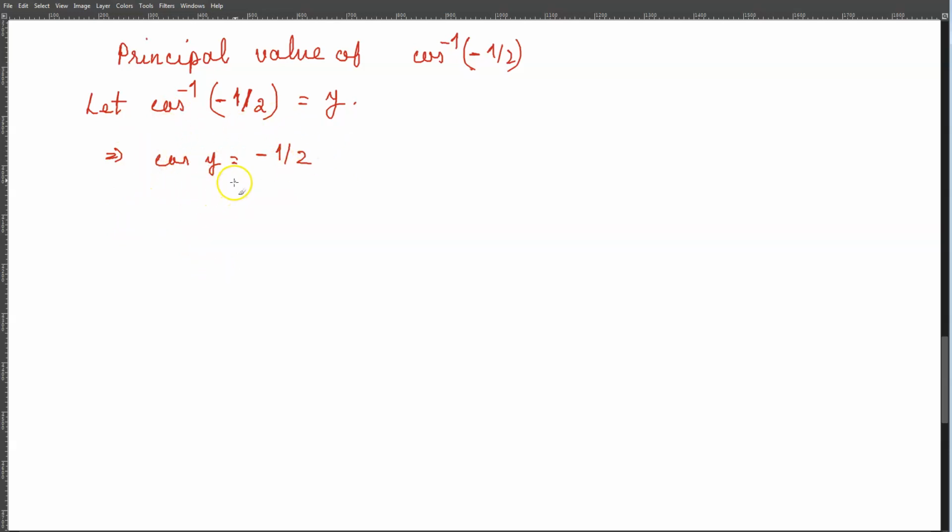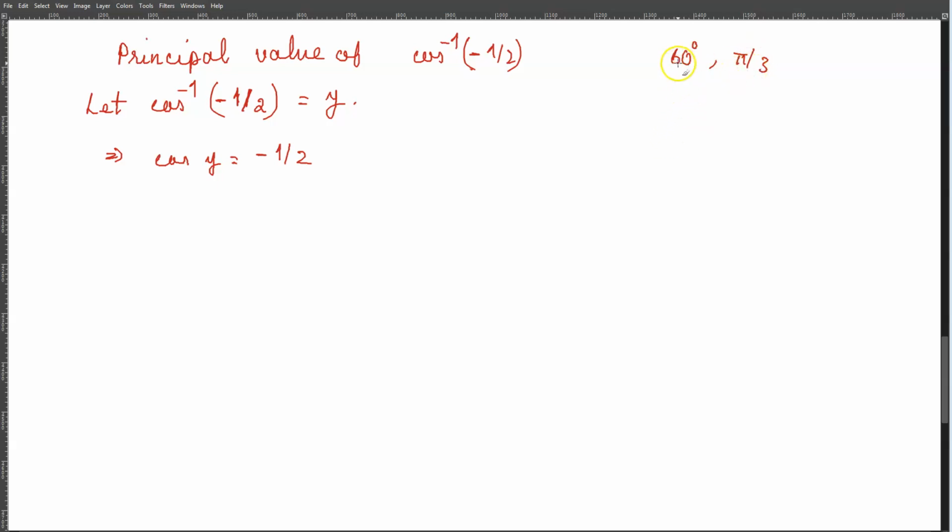Which means that now, what angle do you have for which the cos is equal to 1 by 2? That's 60 degrees, which is the same thing as pi by 3. You see there is a relationship between 30 degrees and 60 degrees, and if you know this relationship, most of the time you can remember these angles.